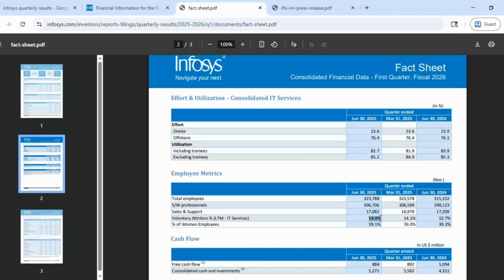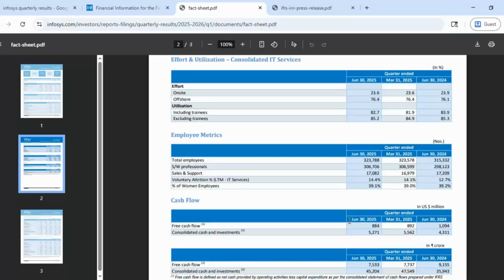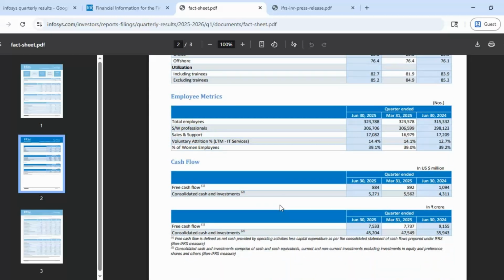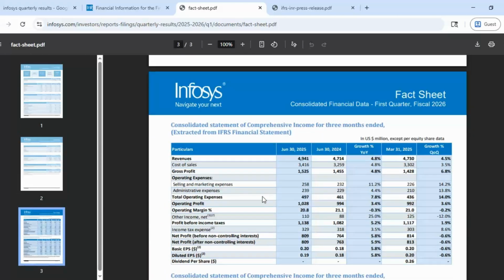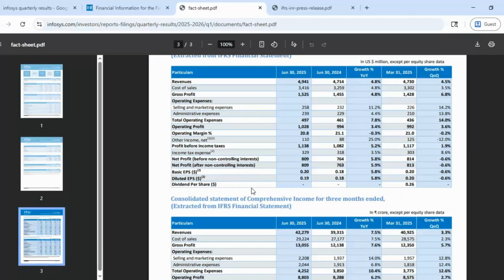So that means attrition is increasing. That means employees are leaving the company. The attrition is around 14%, which means people are leaving, but not at an extreme level. And I think this is it. Nothing else we need to bother about.